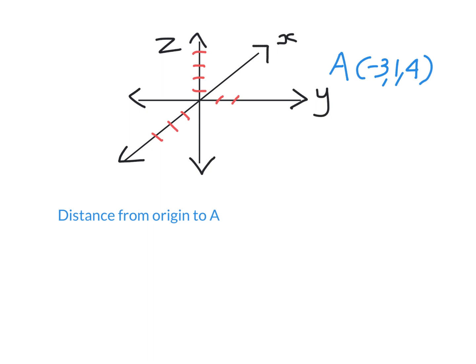So how would we plot a point? Well, if we have the point A(-3, 1, 4), it always goes in alphabetical order again. So x is first, y is second, and z is third. First we're going to plot the point (-3, 1). So we go across to -3 on the x-axis, which is here. Now we need to go across to y equals 1.